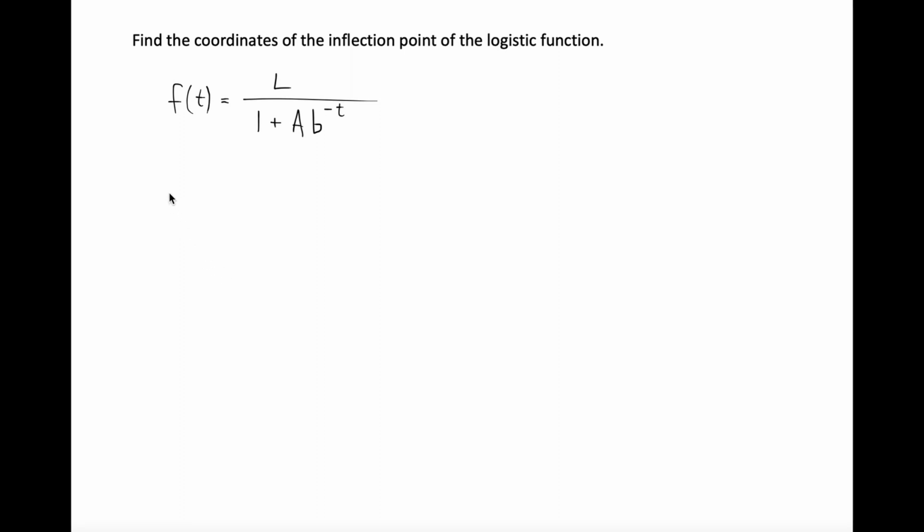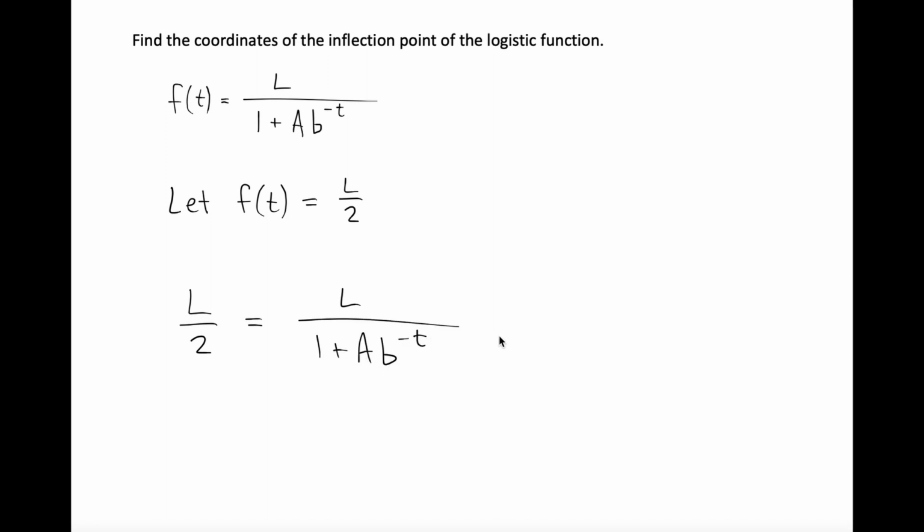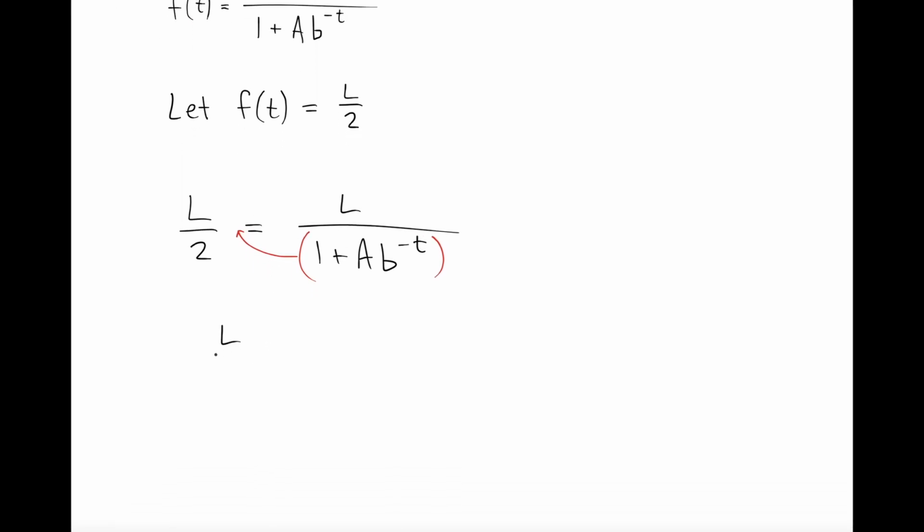The same principles apply. You want to let the function's value be half of the carrying capacity, or half of the upper limit. Plug that in on the left. And we should now be able to solve for t. So I'll multiply the denominator to the other side.